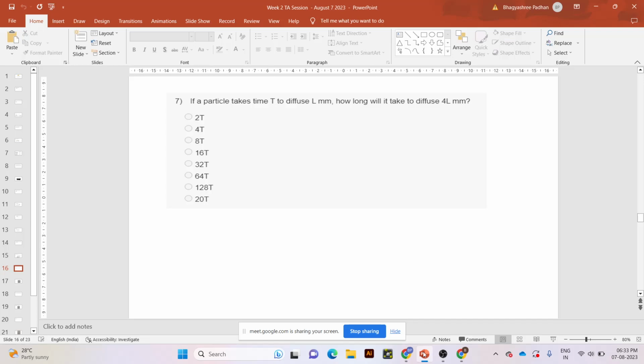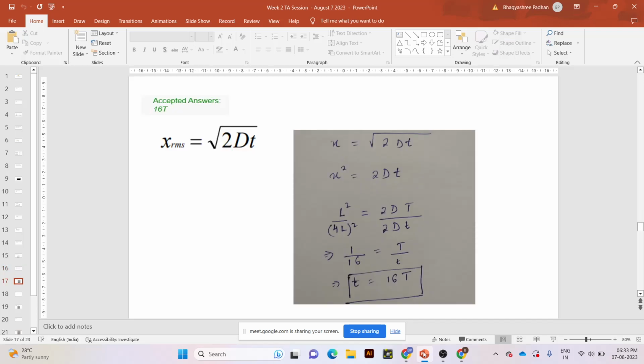Okay. 16t is actually the correct answer. Here we'll use the equation x_RMS equals the square root of 2Dt, where x is the distance of diffusion, t is the time, and D is the diffusion coefficient.